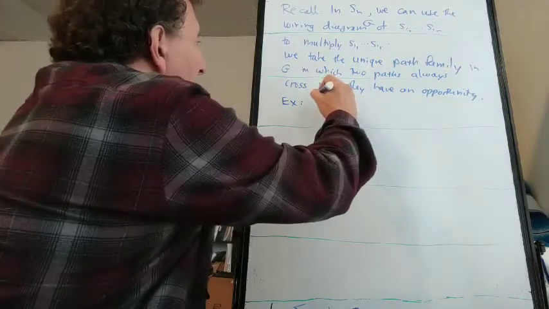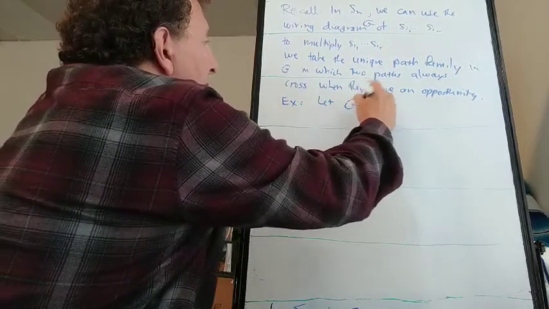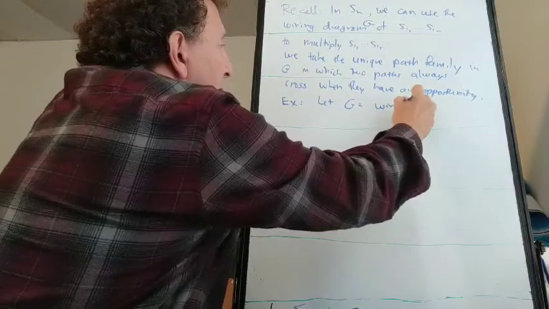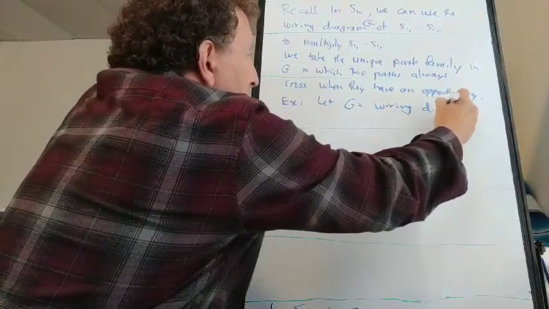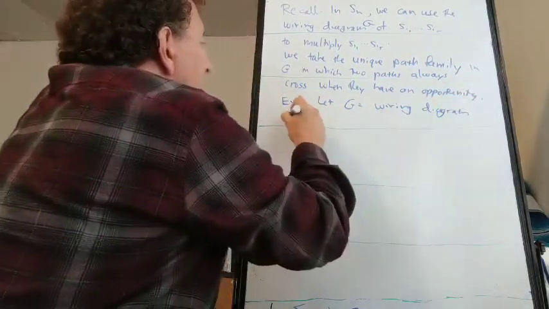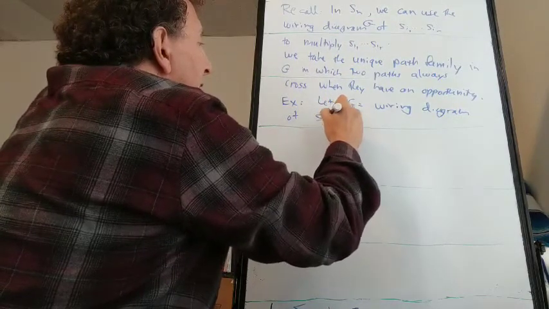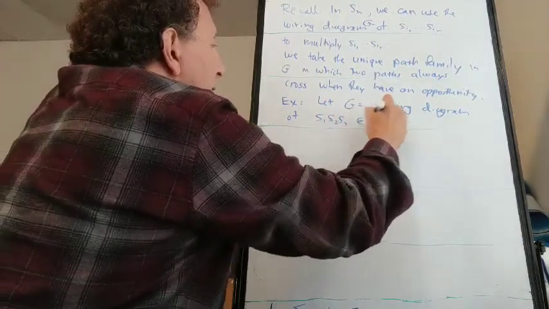So for example, let G be the wiring diagram of s1, s2, s1 in the symmetric group S3.